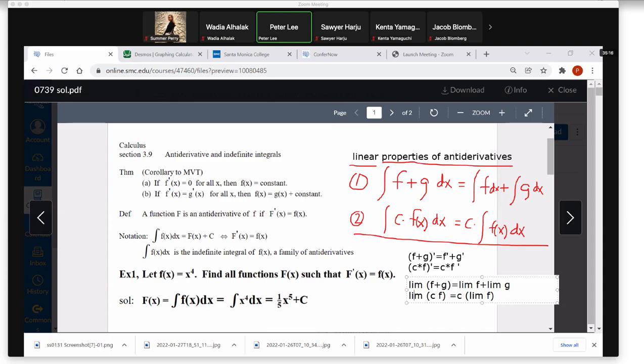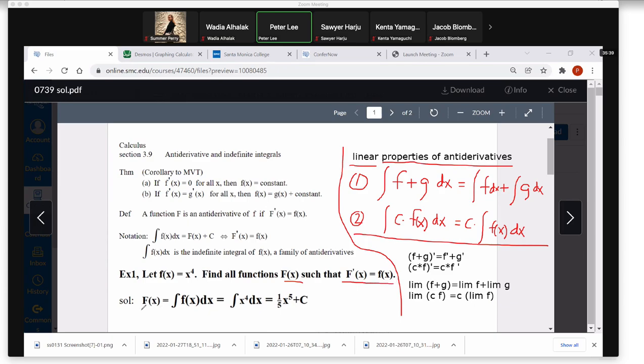Okay, so now let's look at example one. Let f of x equal x to the 4th power. Find all functions capital F such that the derivative of capital F equals small f.